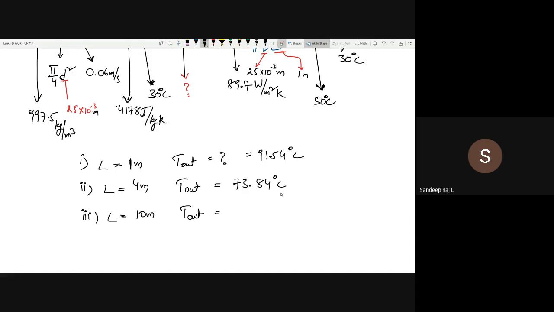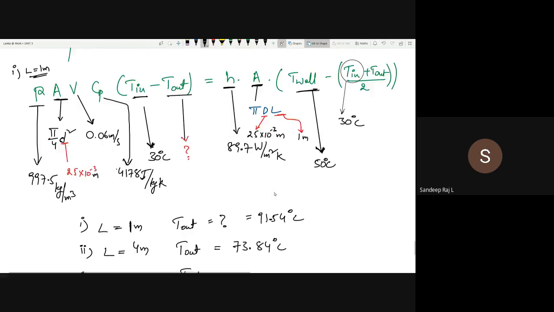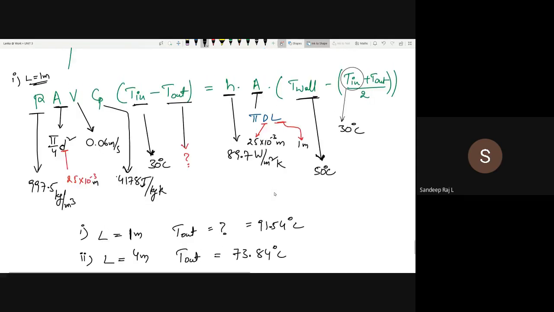Yeah, third one. L is equal to 10, you put and solve.